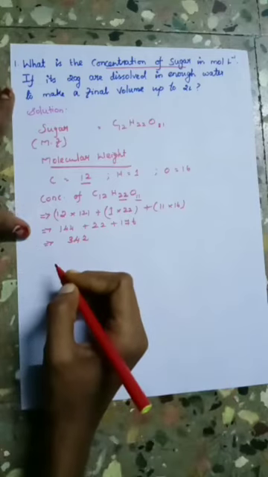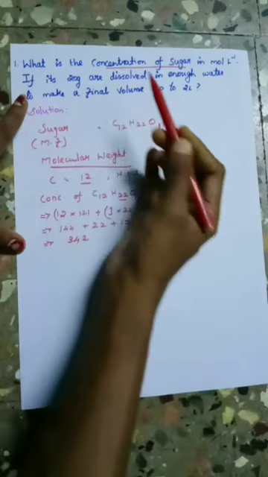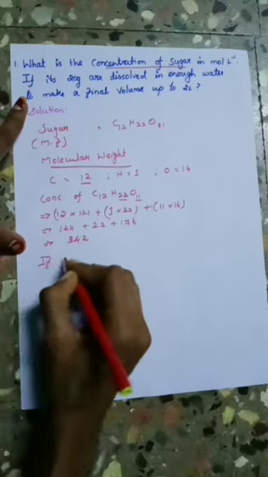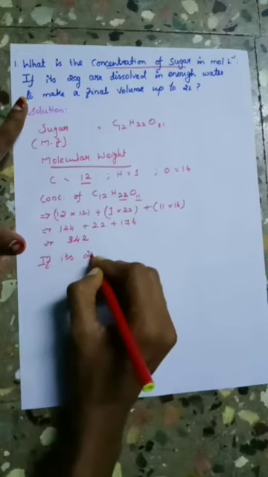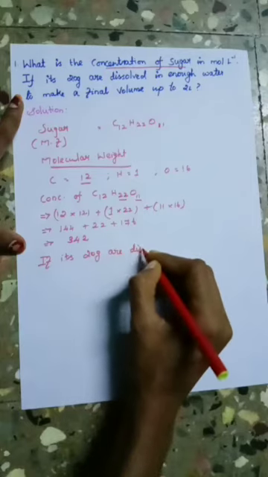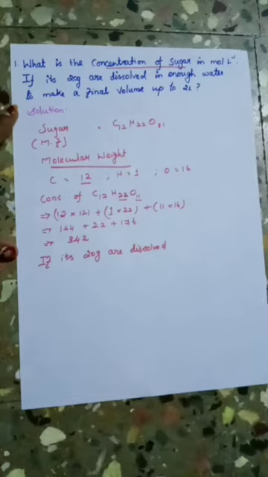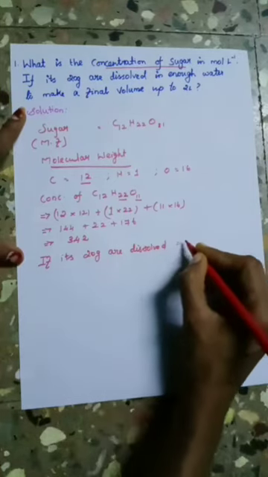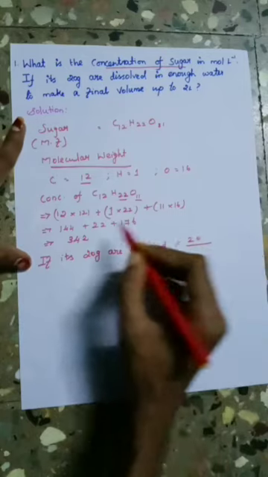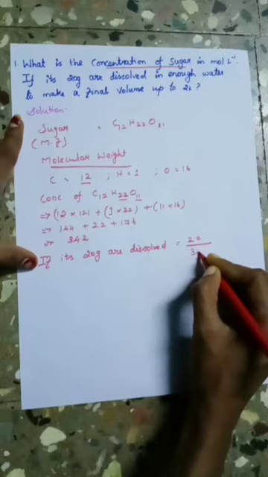So what they have asked here is, if 20 gram is dissolved. So what we have to do? 20 gram dissolved, that is 20 divided by the whole molecular weight of the sugar, that is 342.